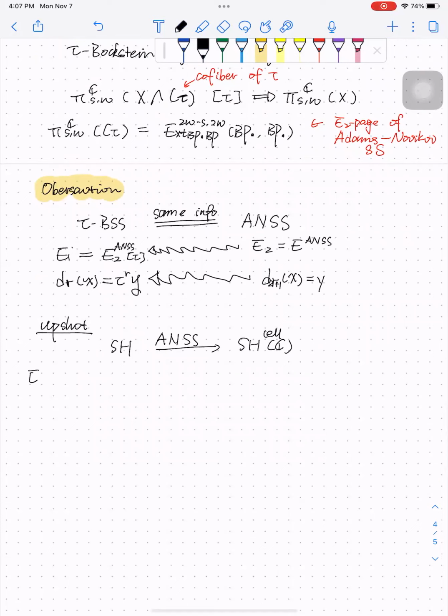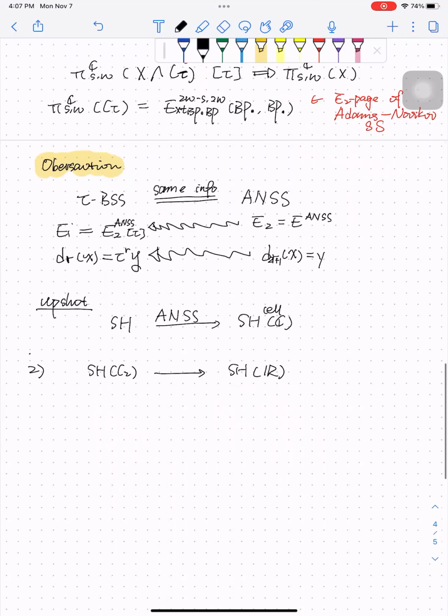And the second example we have is from C2-equivariant to R-motivic, and we have an analogue of everything.